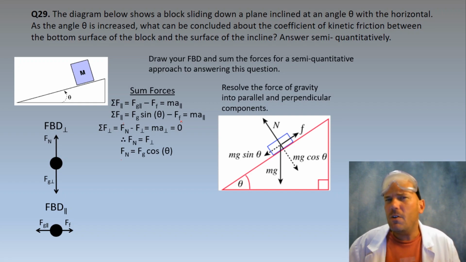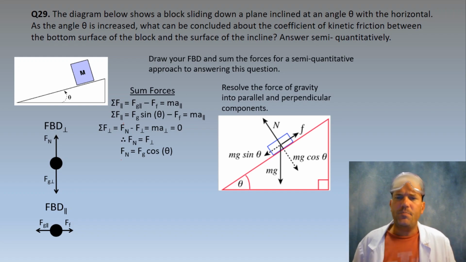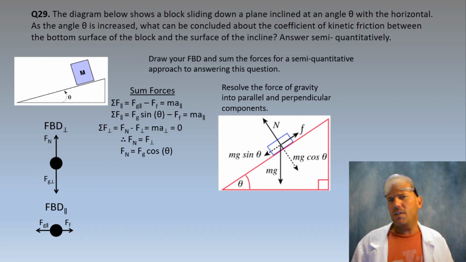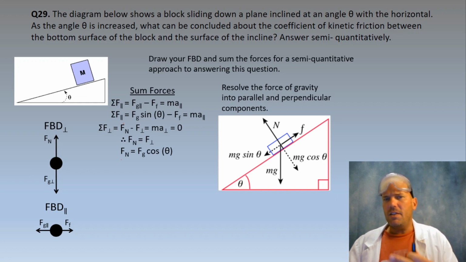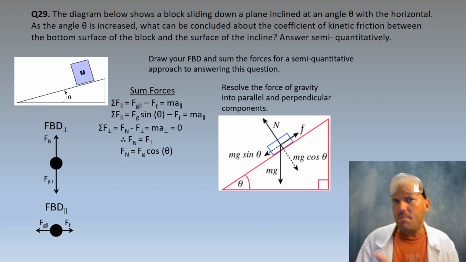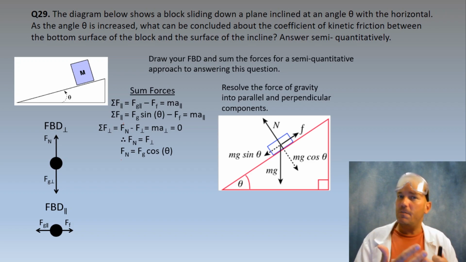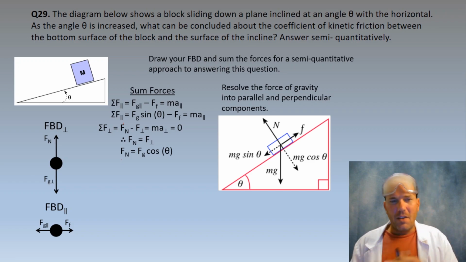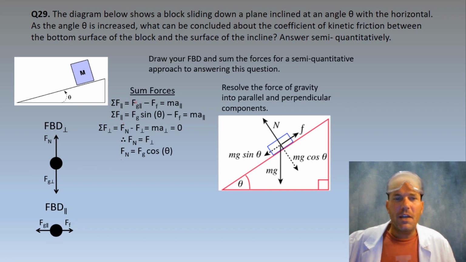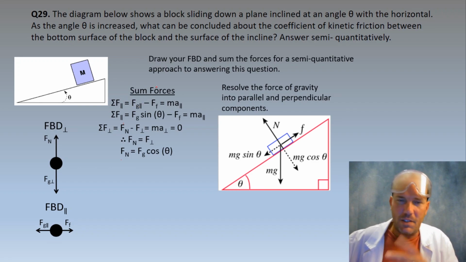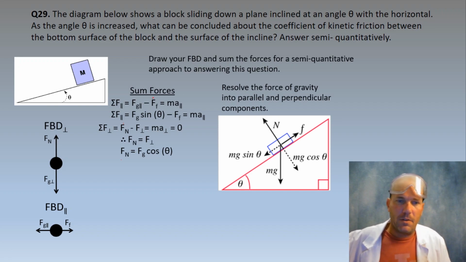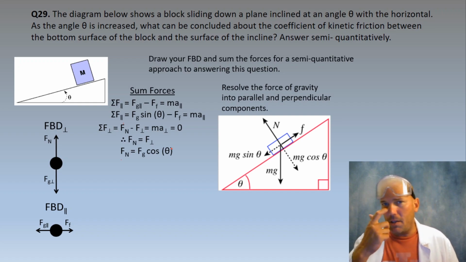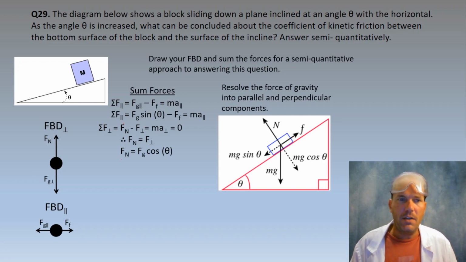This equals 0, because the object is not accelerating in these directions. So force normal is equal to mg cosine theta. Compare that to the force normal of an object on a horizontal surface that is in equilibrium. Looking at the parallel, the force of gravity parallel, which is the driving force down the ramp, minus that opposing force of friction equals mass times acceleration parallel, okay?